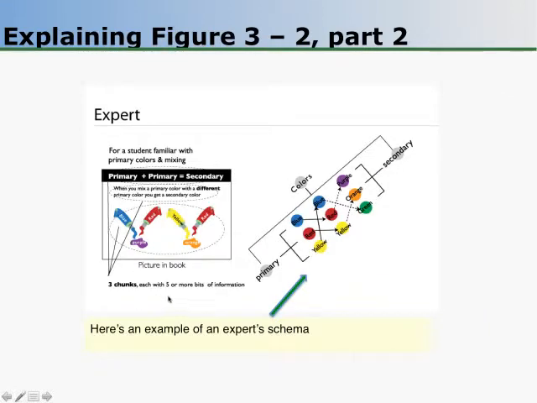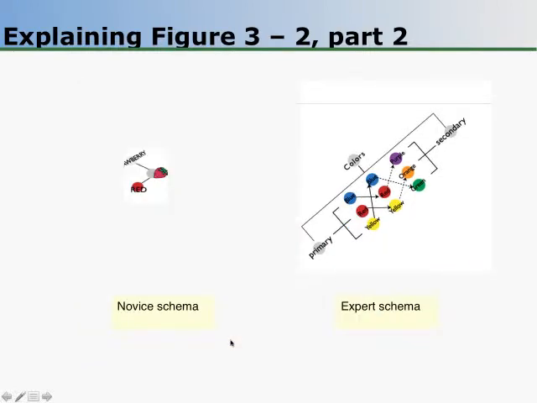Now instead, if you were looking at an expert page, you would see that there's quite a bit more information on the page, and the associated schema has quite a bit more information or information bits within it. So let's compare the novice schema to the expert schema.